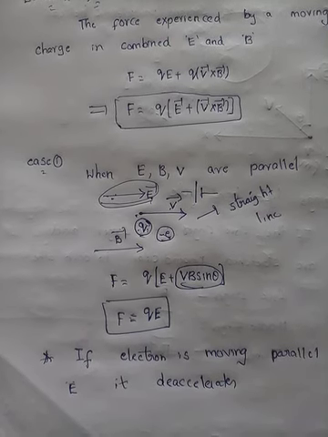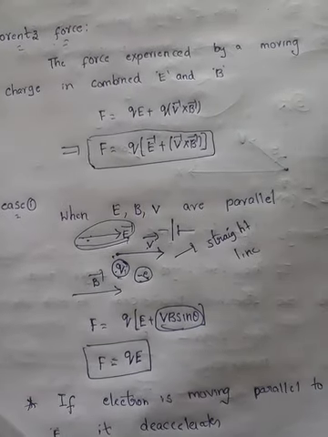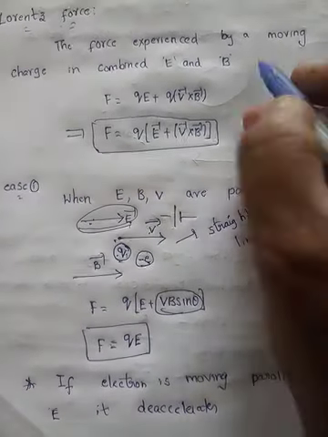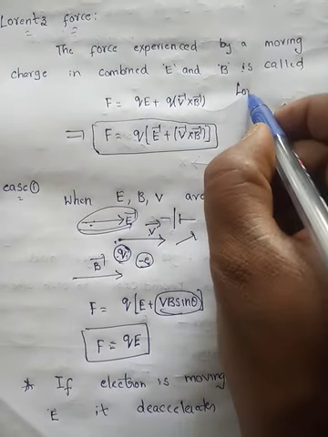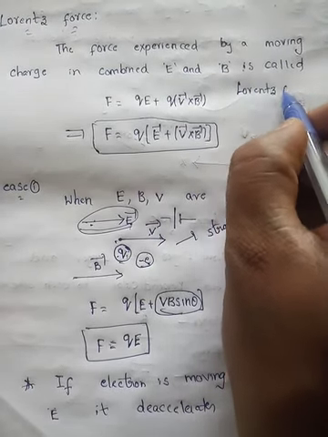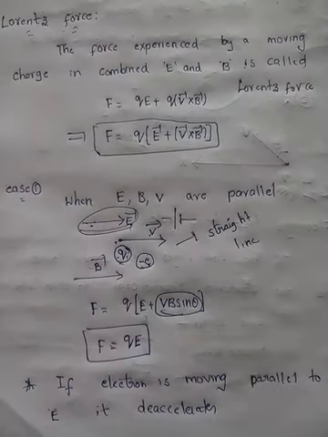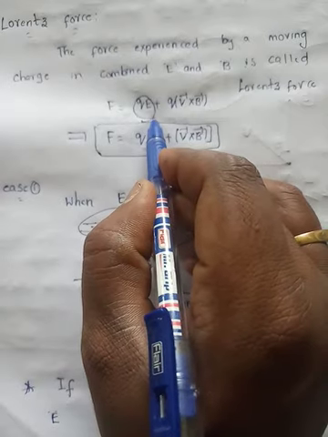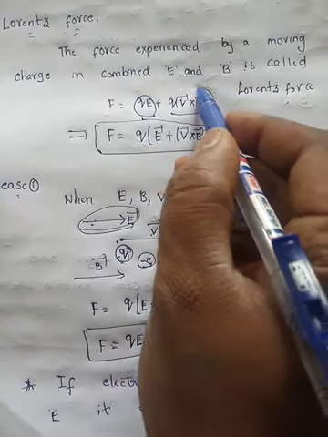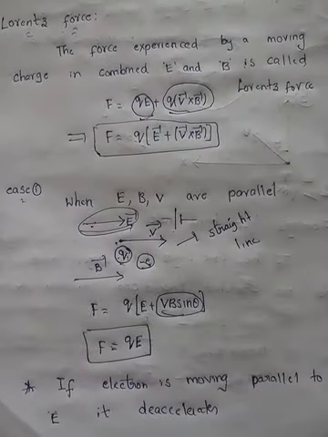What did we learn here? The force experienced by a moving charge in combined electric and magnetic field is called what? It is called Lorentz force, nothing but the summation of the force experienced by the charge in the electric field and in the magnetic field. This is the force experienced by the charged particle in the electric field, and this is the force experienced by the charge in the magnetic field.